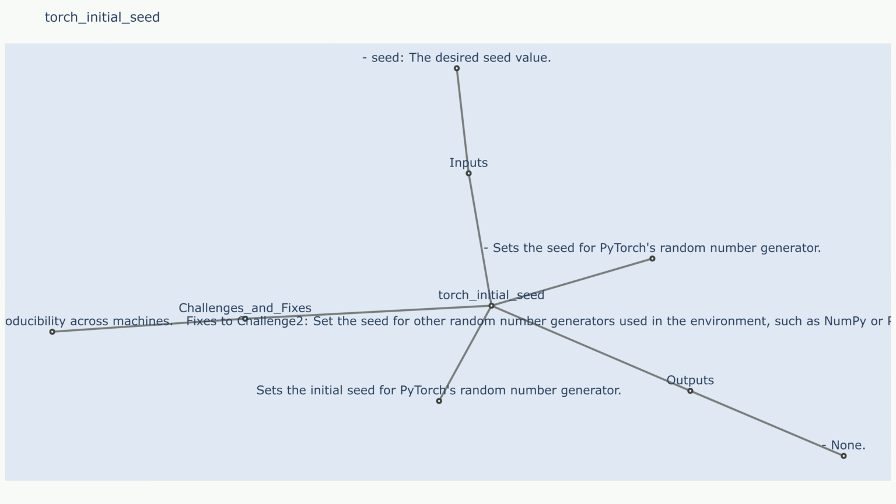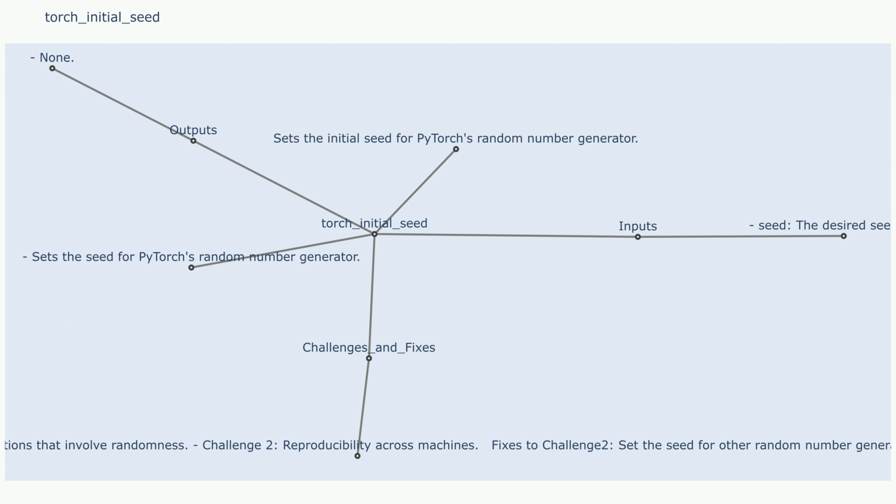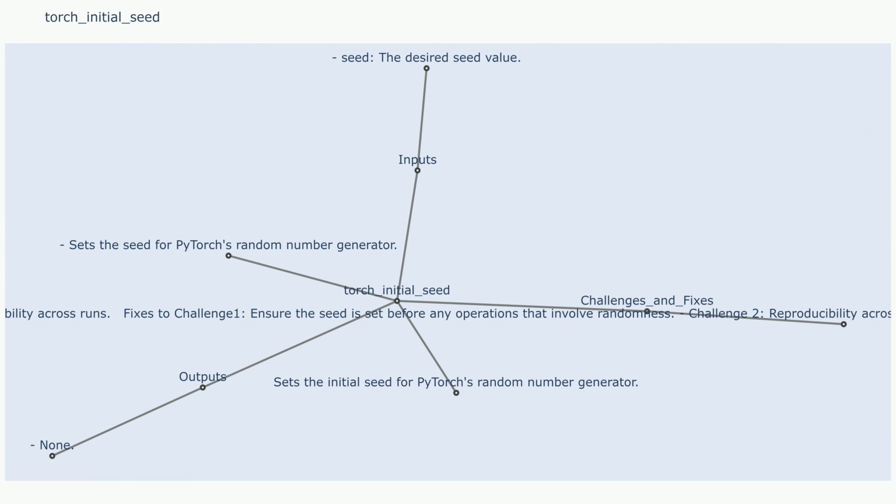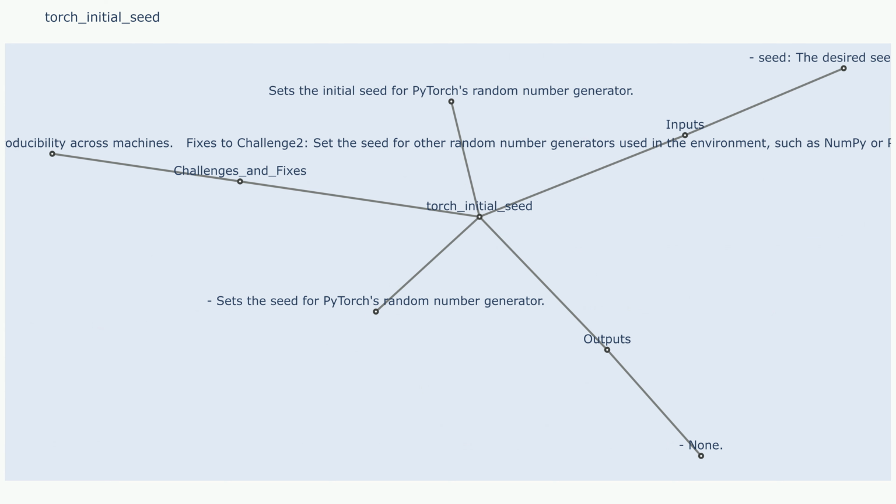Different behavior across devices even with the same seed. If you run your code on different devices like CPUs or GPUs, or across different runs of your code on the same device, the generated random numbers might differ due to subtle variations in hardware or software. Sample use case that resulted in challenge 2.